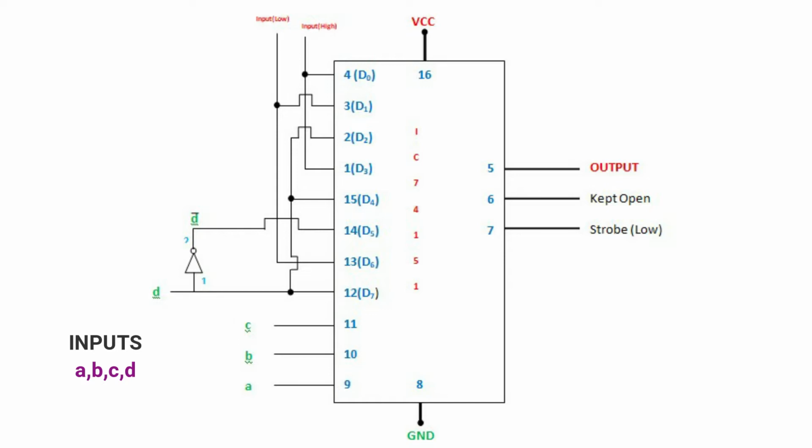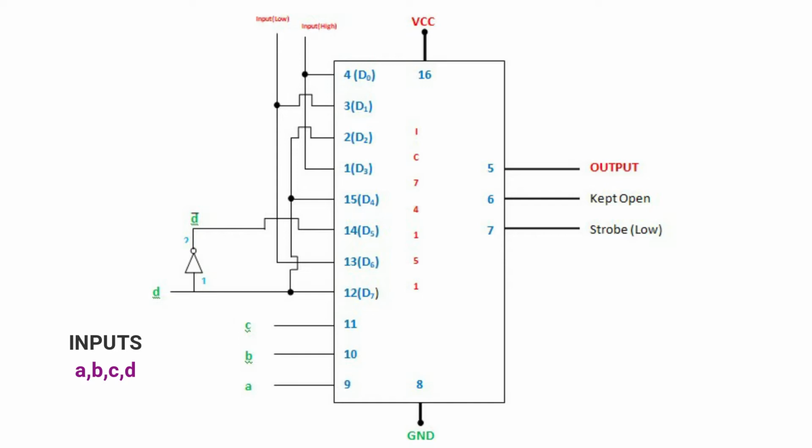Apart from that, you have the D input coming to pin number 12, which is D7, and then the complement of that, D bar, is going to pin number 14, that is the data input line D5. For that we have used a NOT gate to give a complemented input to pin number 14.